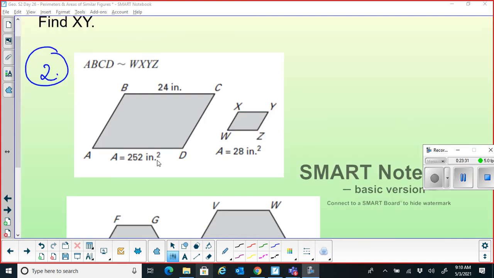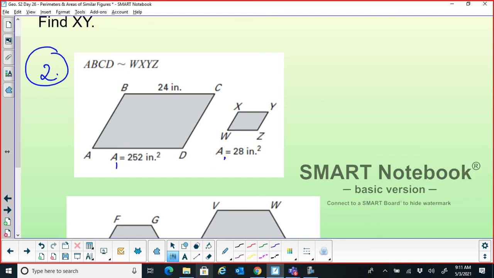Let's go over the solution for this. Here the areas, let me call this A1 and this A2. A1 is to A2 will be equal to the corresponding side. Pick any side which is given here, 24. 24 square divided by the corresponding side square, xy square.